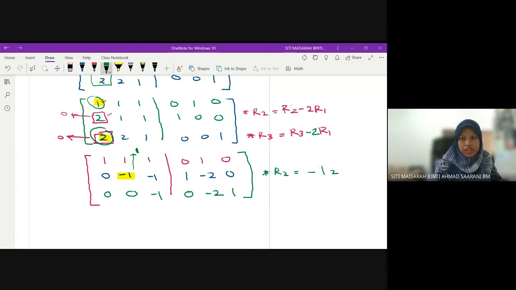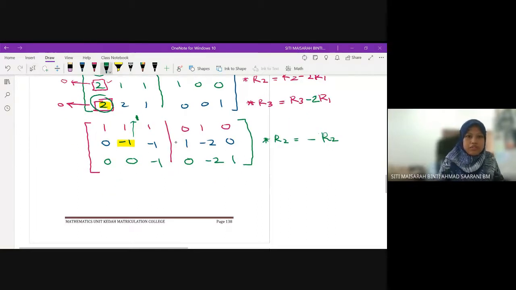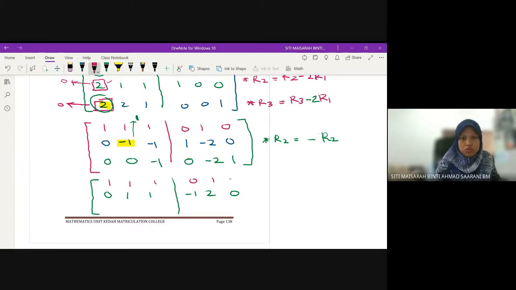Okay, and then darab dengan row 2 dengan negatif. So then we get 0, 1, 1, negative 1, 2, 0. Okay, yang lain kita salin lah. Salin daripada yang atas. 1, 1, 1, 0, 1, 0, 0, 0, negatif 1. 0, negatif 2, 1.